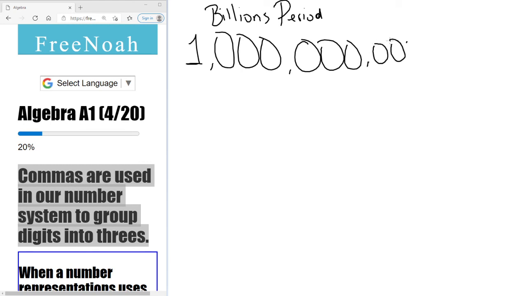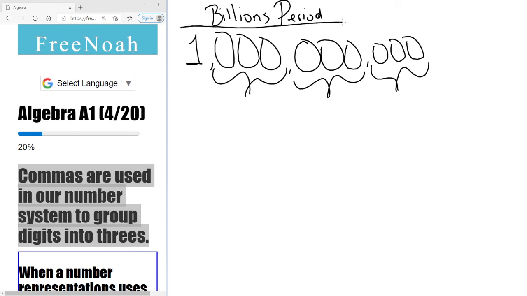This right here is 1 billion, guys. This has three groups of threes, digits. So this whole number is in the billions period, and we organized it with three commas here, grouping it into three.